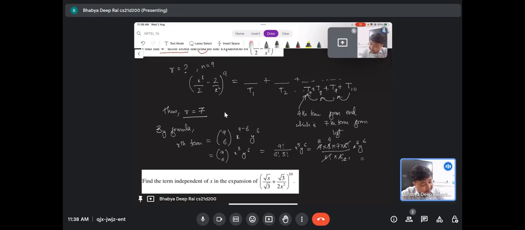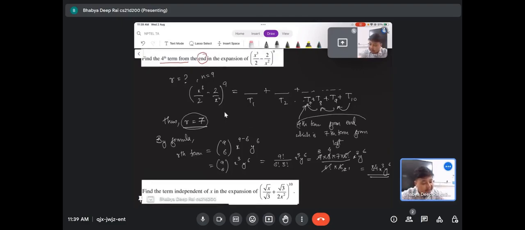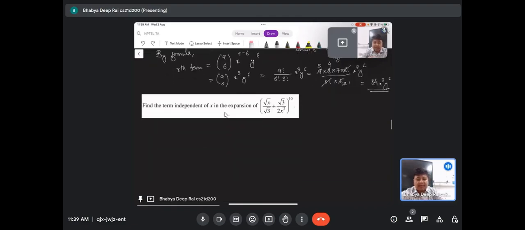So this becomes 3 4 are 12, 12 times 7 is 84, x cube y to the 6. This is my 7th term from the left and my 4th term from the end. Okay, good. Now let's move on further.